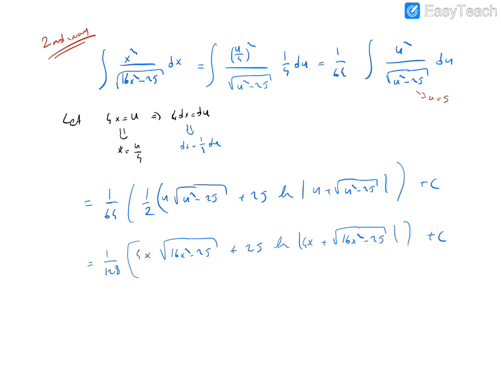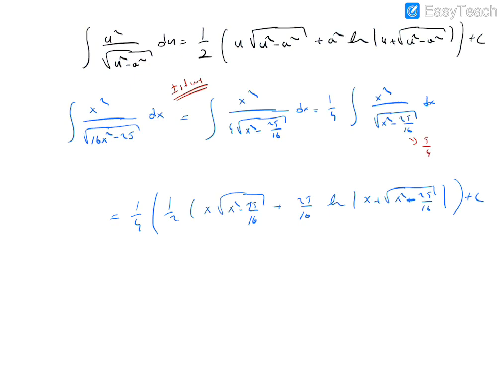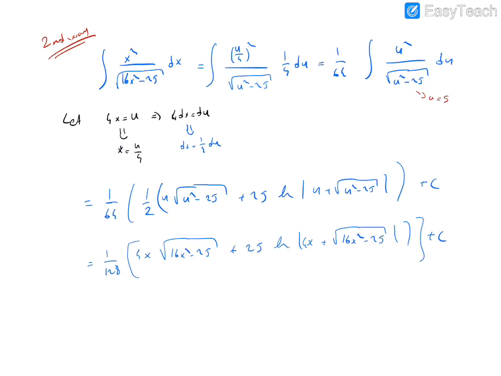So this is the answer, okay? Here we need the parentheses. If you compare that one, you will see the same thing. If you multiply the 16 etc. here, you will obtain the same result, okay? So this is called the substitution and the integral of the table, okay? If you know the sum integral, you can calculate.